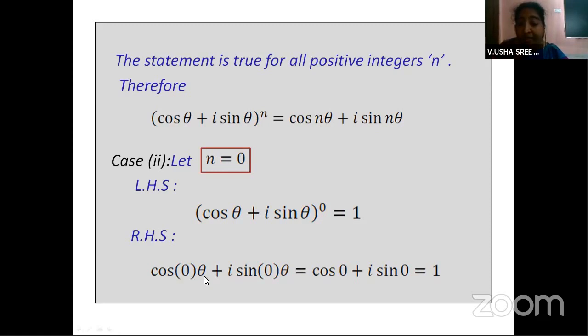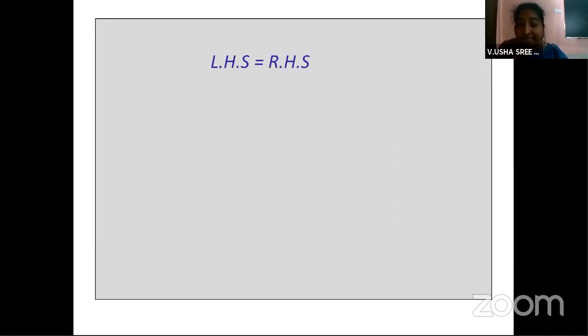Cos 0 into theta plus i sin 0 into theta, which is nothing but cos 0 plus i sin 0. What is cos 0? It is 1. What is sin 0? It is 0. So 1 plus i into 0, which is nothing but 1. Now clearly your LHS and RHS both are equal, isn't it? So we can say the statement is true when n is equal to 0 also.